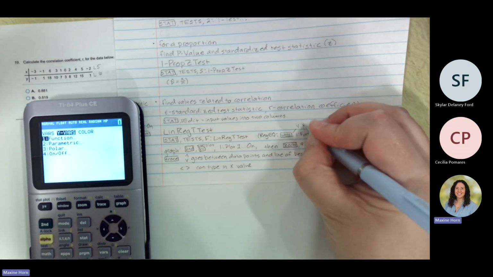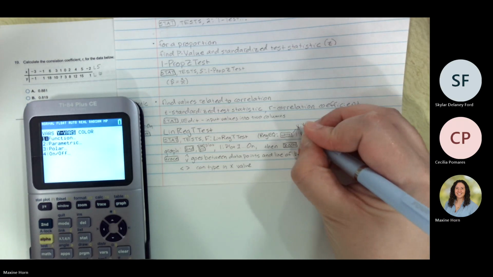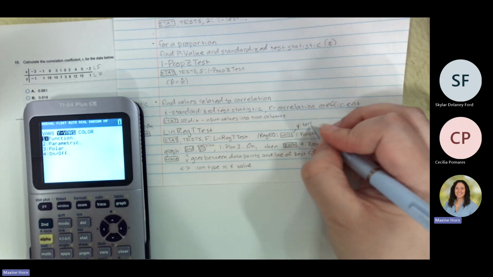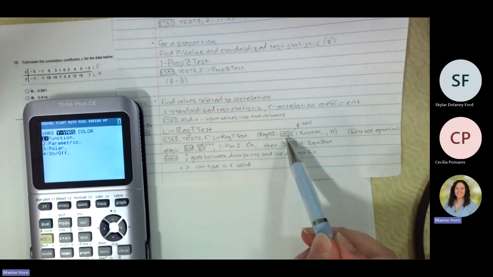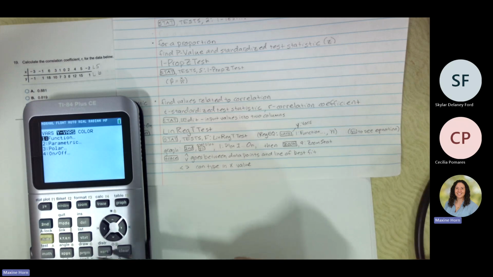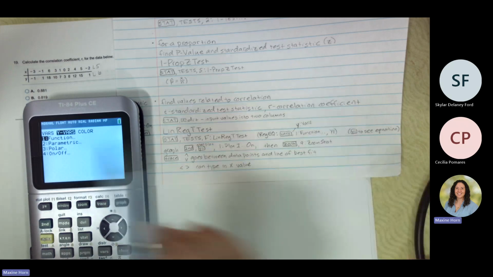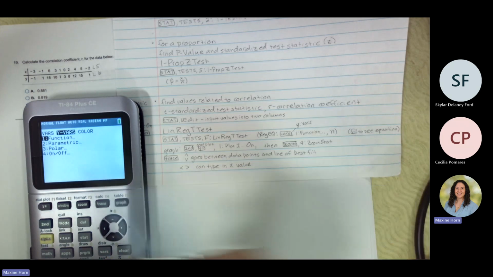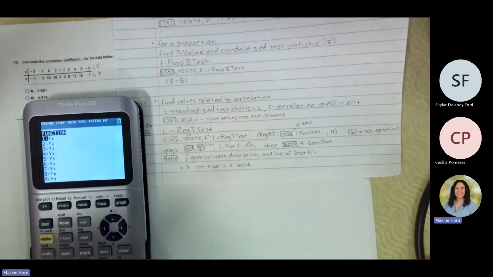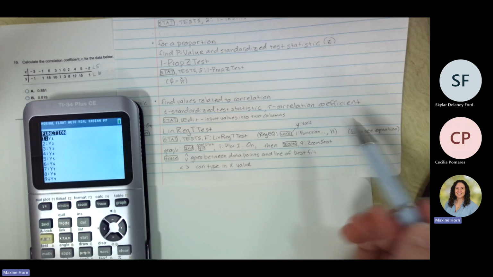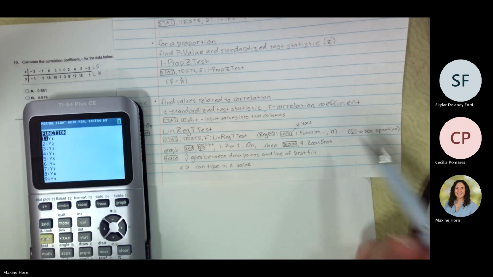You have to do y vars next. So you're going to hit the vars button, which is right here. Then you're going to arrow over to y vars, and then the first option there, function, you're going to hit enter, and you're going to select y1.